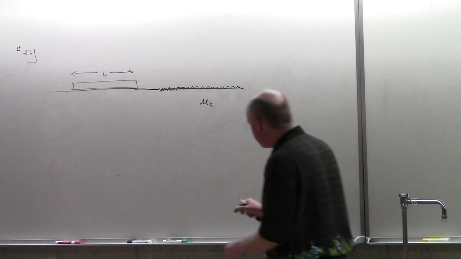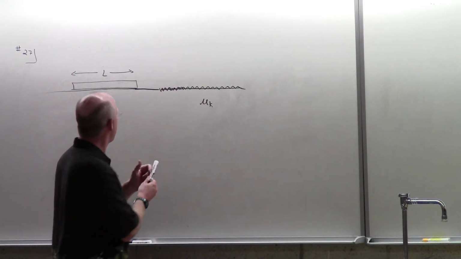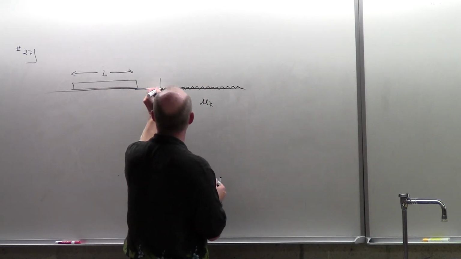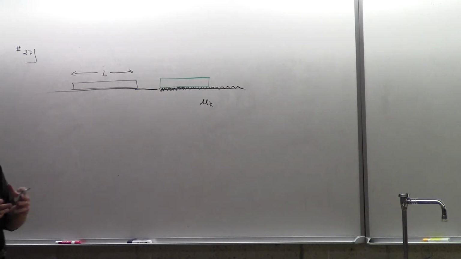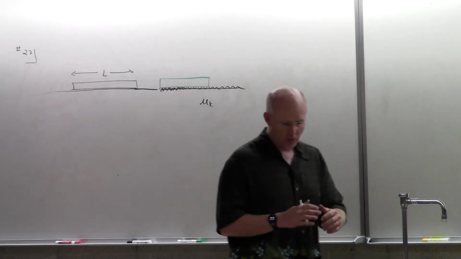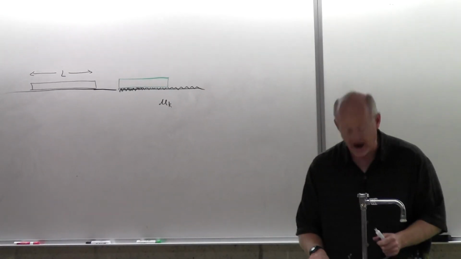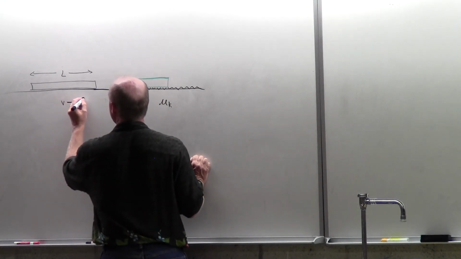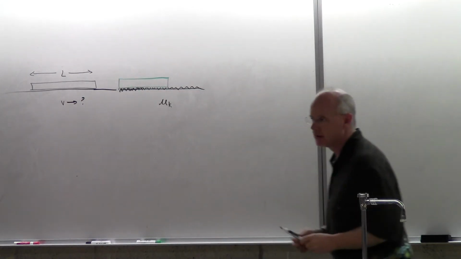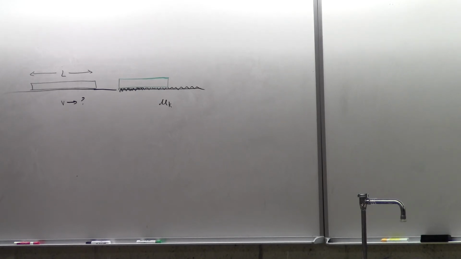So in other words, if this board comes across here and then continues on for a little bit of distance, total being the length of the board, and then comes to a stop, find the initial speed. So this is coming in at some unknown speed. And so here comes the speed of the board.